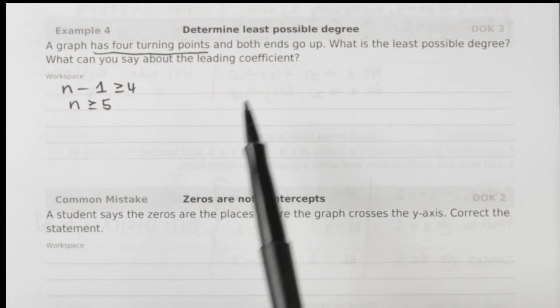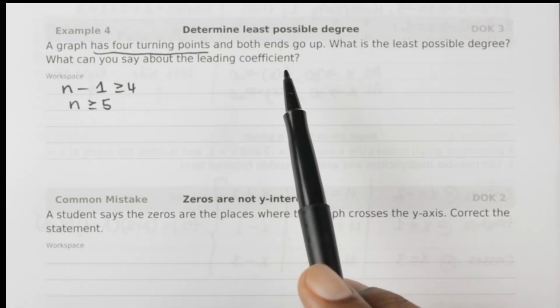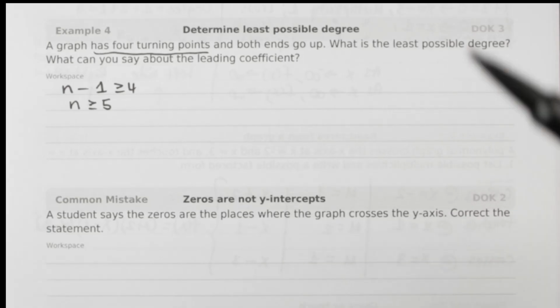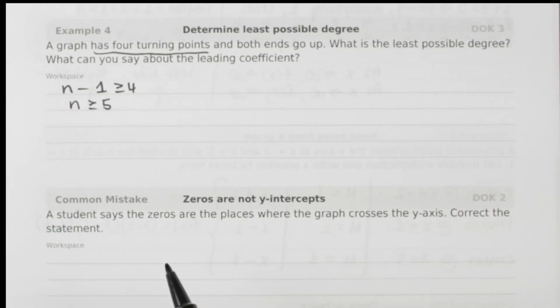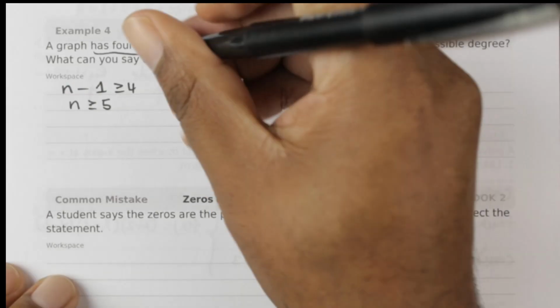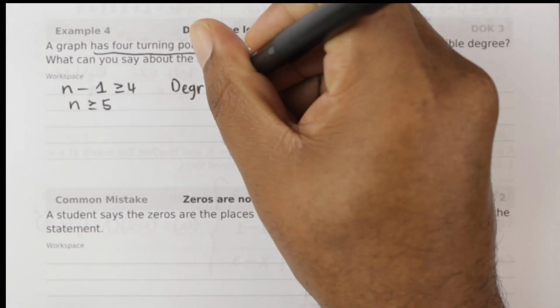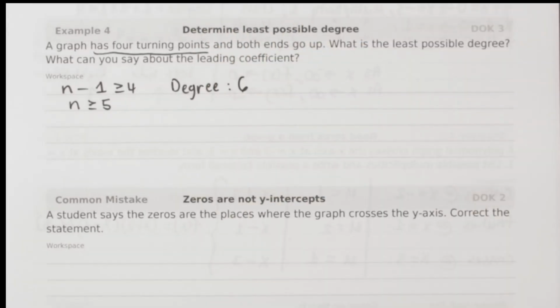Now, it says both ends go up. That means that the degree must be even. So the smallest even degree that is at least 5 is 6. So the least possible degree is 6.